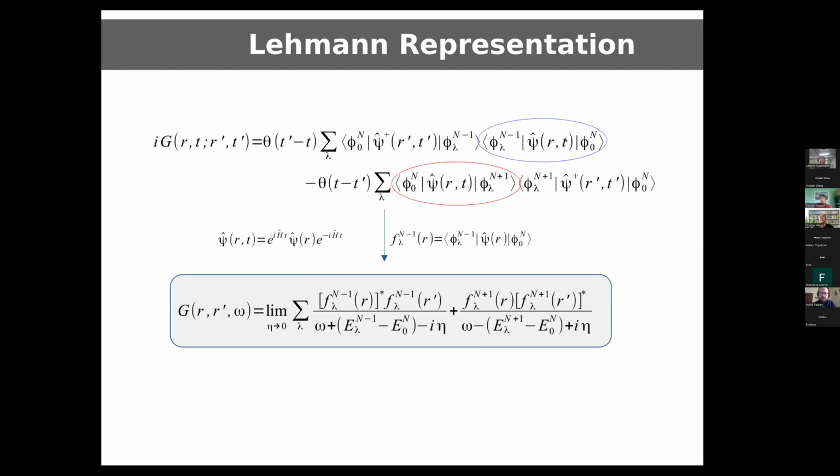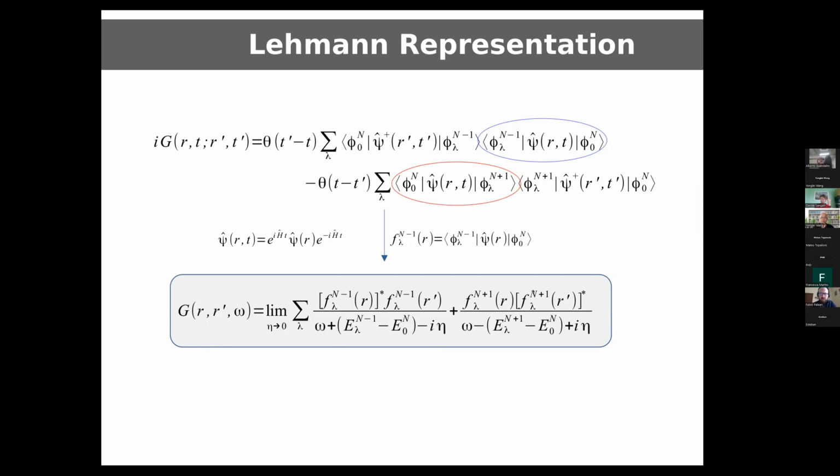And then from this expression, which is called the Lehmann representation of the many-body Green function, you can take the Fourier transform. So these are functions of time, and these operators include the Hamiltonian of the system. Since the Hamiltonian acting on the eigenstates gives the eigenvalues, then you can take the Fourier transform and you obtain this expression.